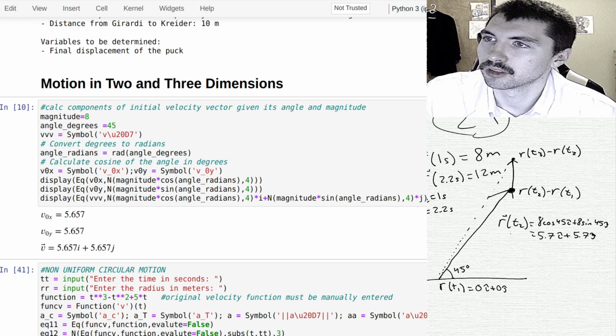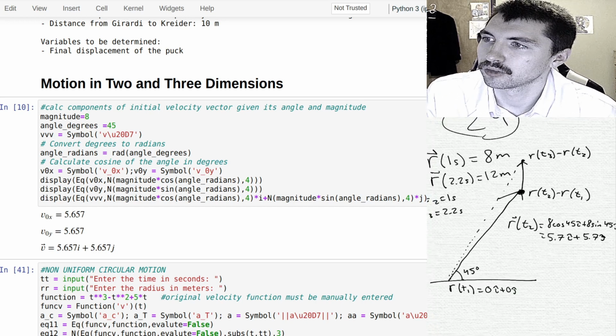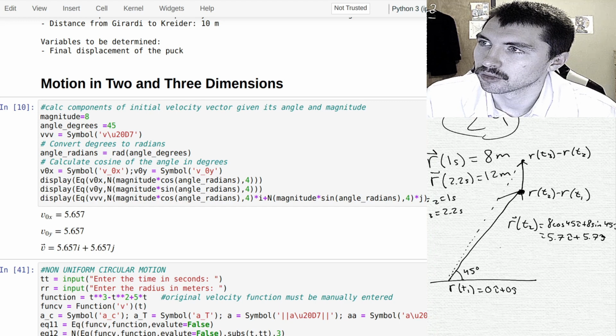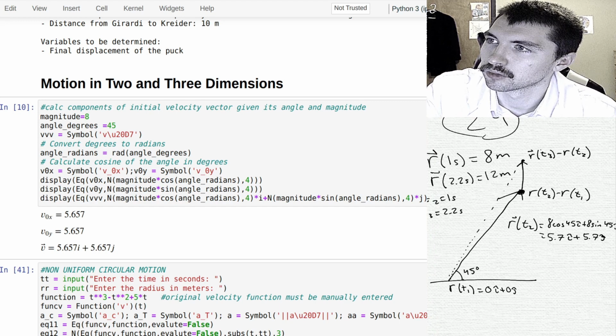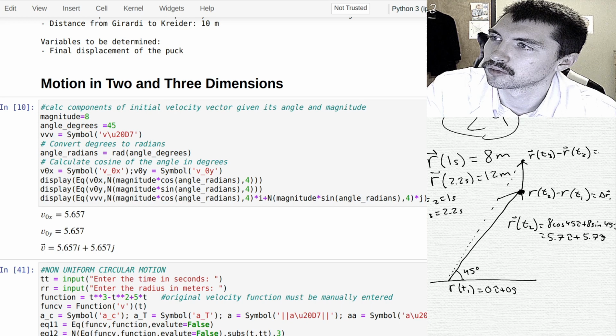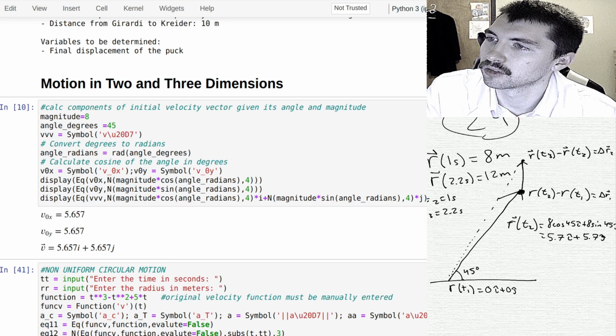And then he runs 12. So I should say delta R1.